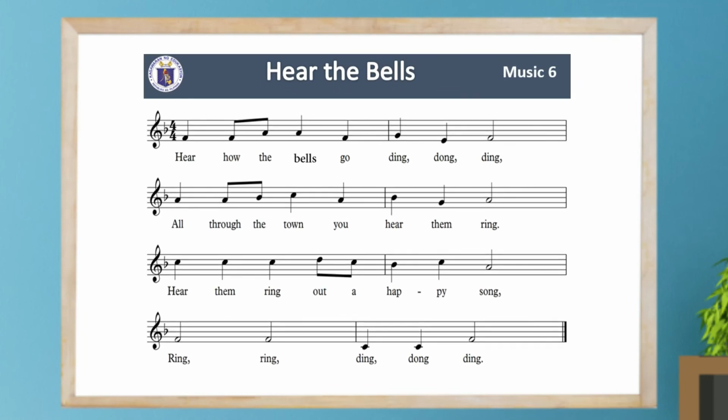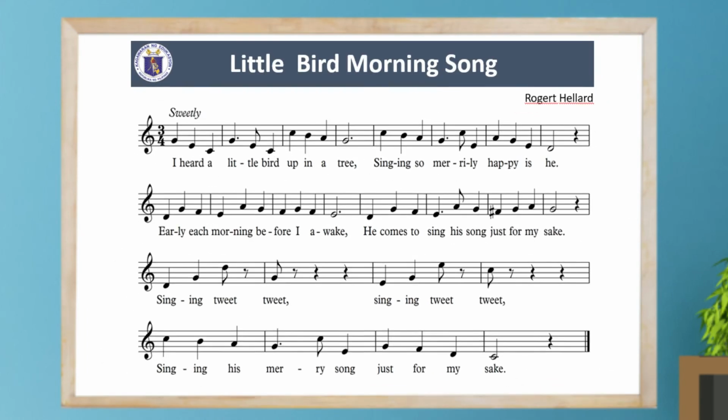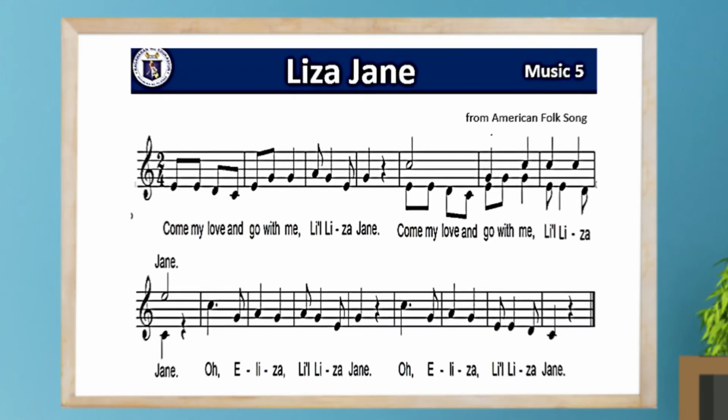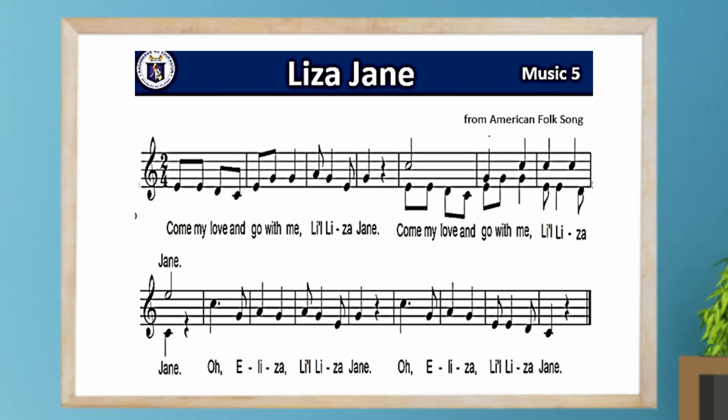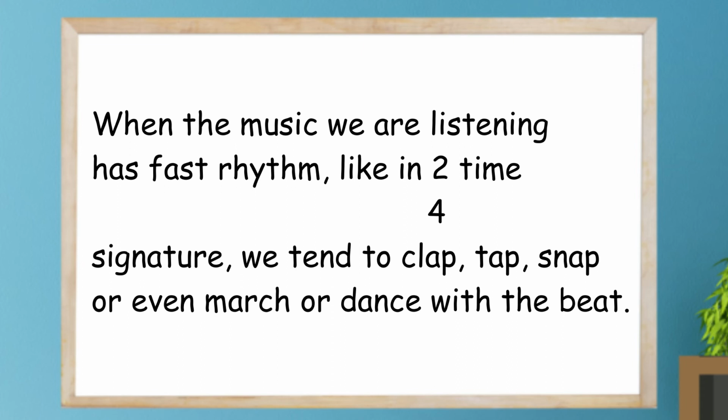Every day, we listen and sing different kinds of music, and we respond to the beat or rhythm of the music we are singing or listening to. When the music has a fast rhythm, like in 2/4 time signature, we tend to clap, tap, snap, or even march or dance with the beat.